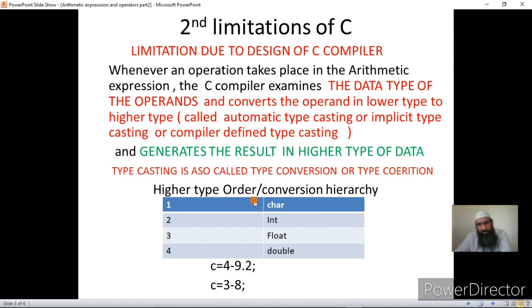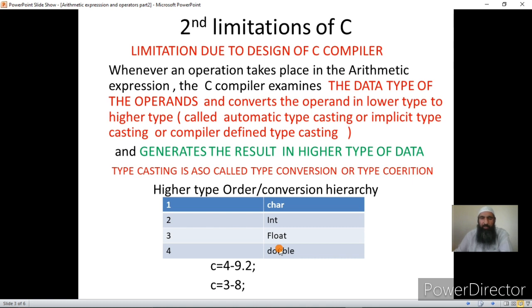But if you understand this, this will be enough for you to understand what I want to say, and the concept, if it's clear, can be applied to the data types with the modifiers also. Now what I want to say, character is of a lower data type than integer, and integer is of a lower data type than the float, and float is of a lower data type than the double.